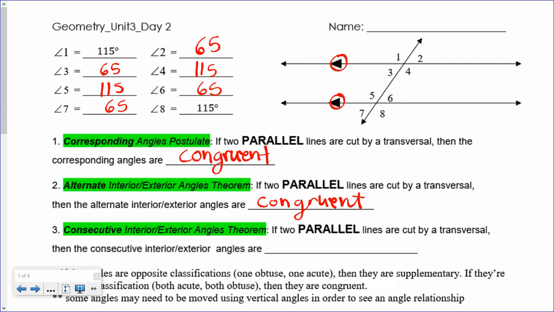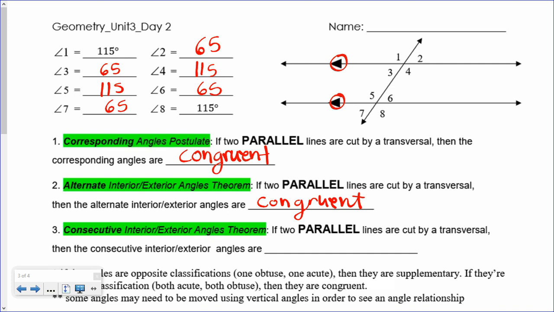Now let's look at the consecutive angles. Somebody raise your hand. What's an example of some consecutive angles in here? 5 and 3. What are some others, Mac? 6 and 4. Others that are also consecutive, Carlos? 8 and 2. And then last one? 1 and 7.